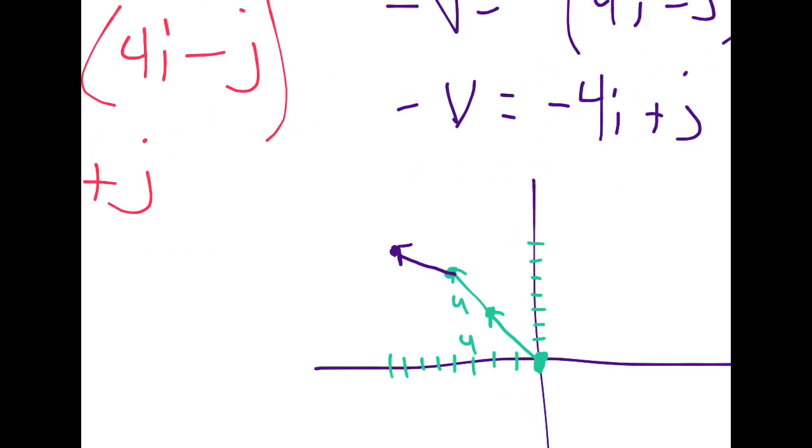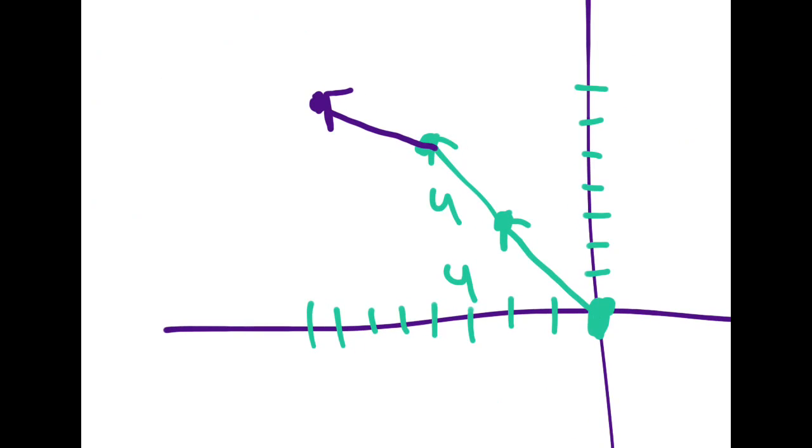And then our resultant is going to be the line that goes from the starting point at the origin straight to that ending point, all the way up there.